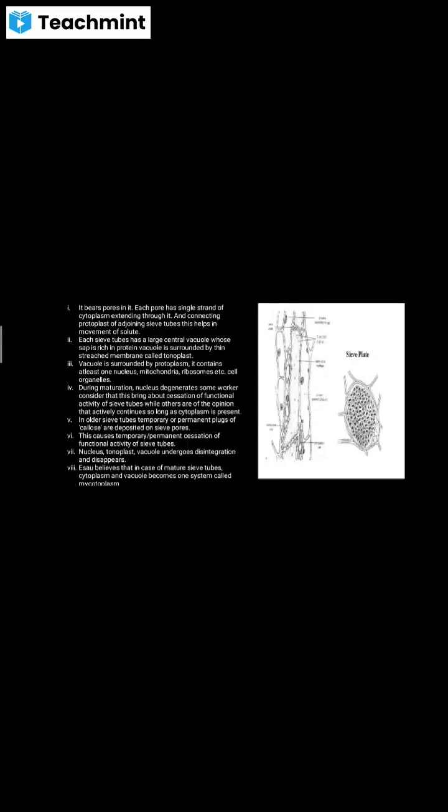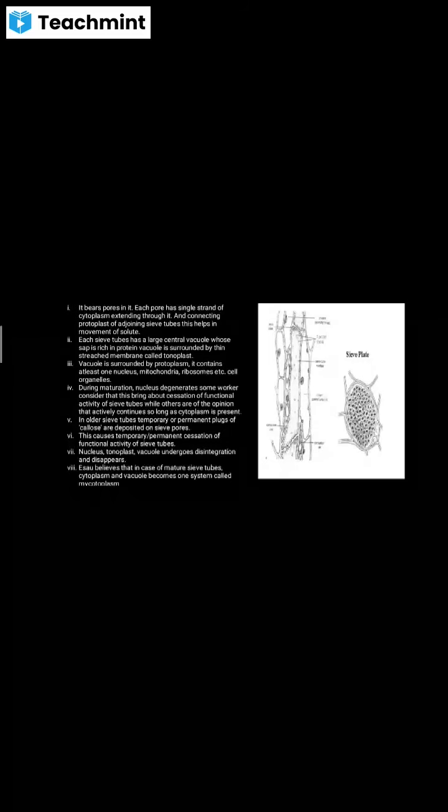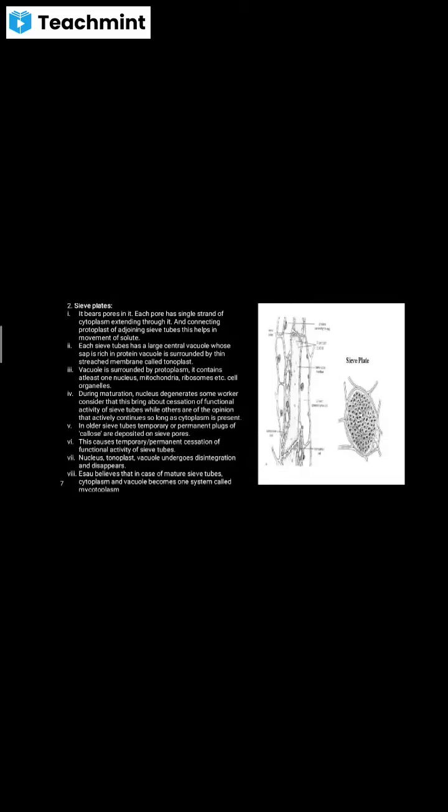The scientist Esau believes that in the mature sieve tube, the cytoplasm and vacuole become one system called mictoplasm. Regarding the structure of the sieve tube fluids, some scientists have different opinions on the translocation of solutes from one tube to another with the help of pores present on the sieve plate.